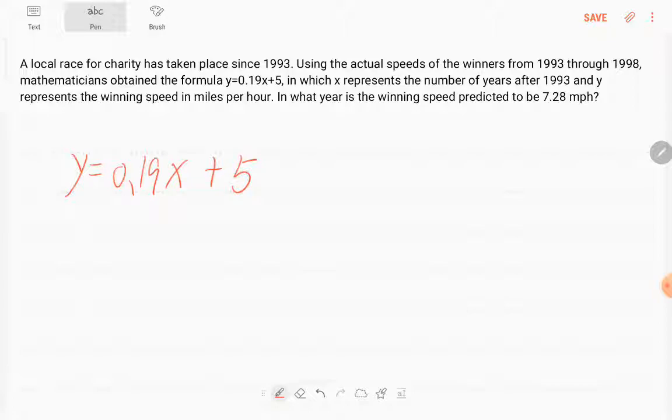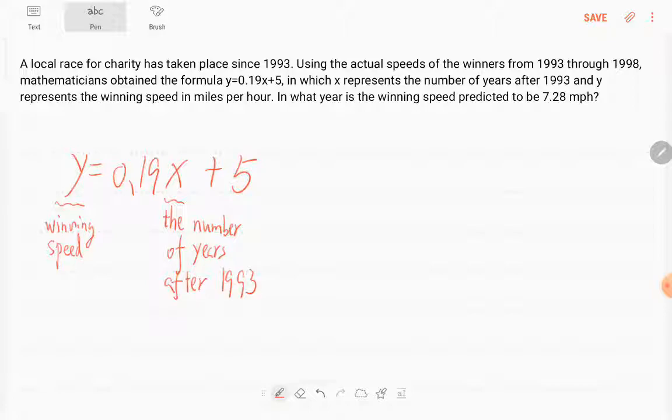So y is the winning speed, and x is the number of years after 1993.